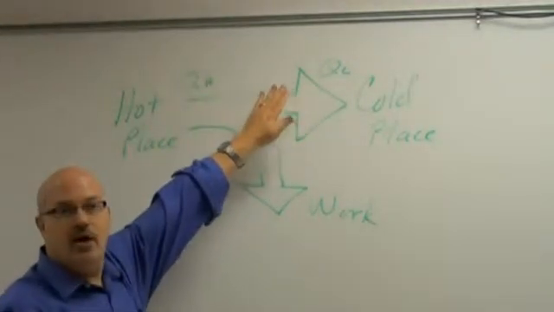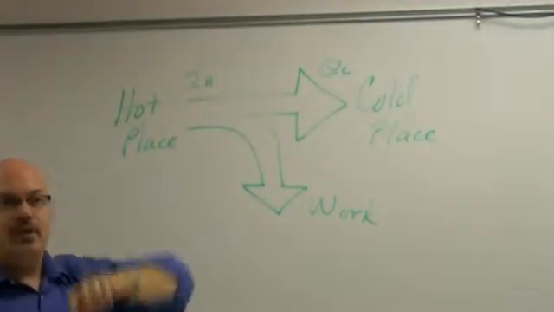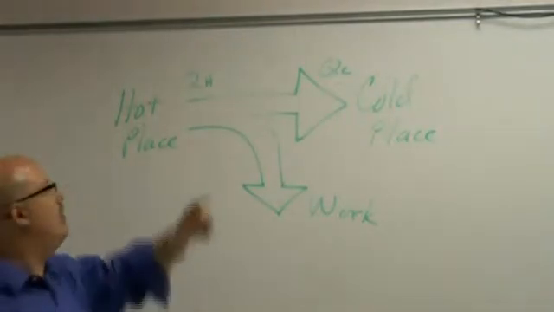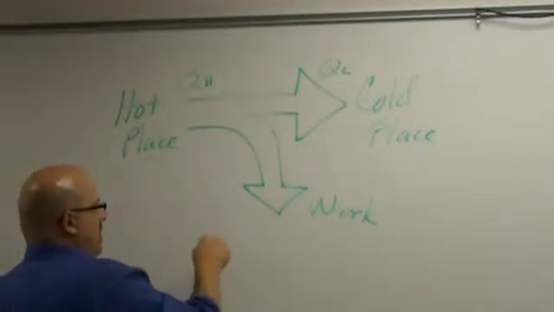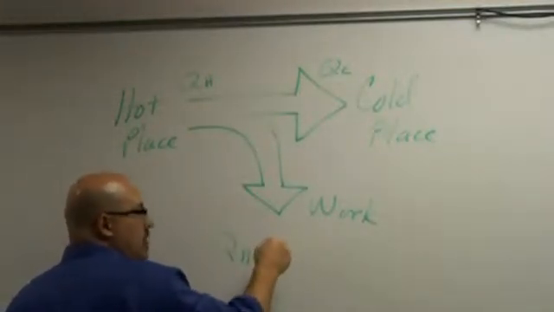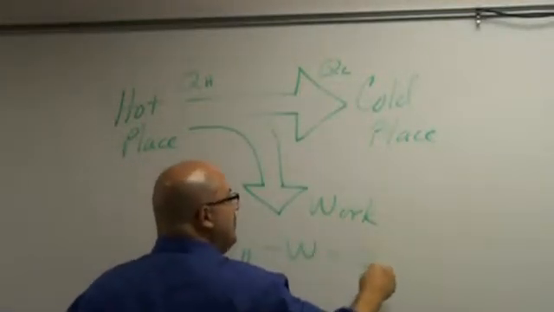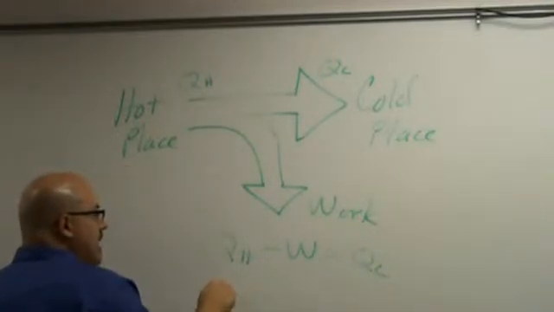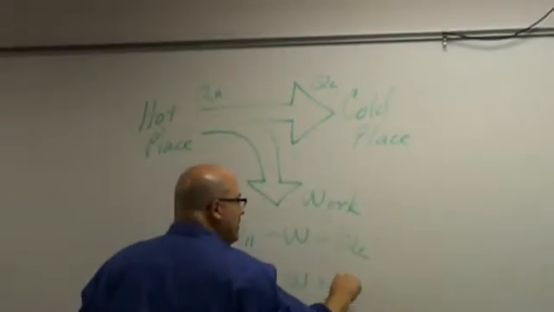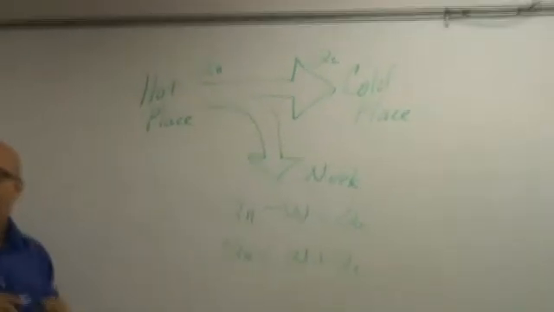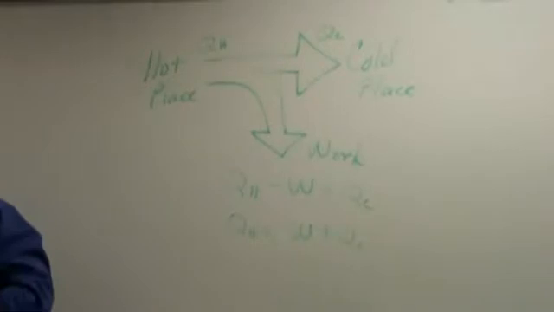QH, QC, are they still the same? No. So what's our new mathematical relationship between QH, QC, and work? QH minus work equals QC, or you could say that QH equals work plus QC. They're the same statement. Conservation of energy.